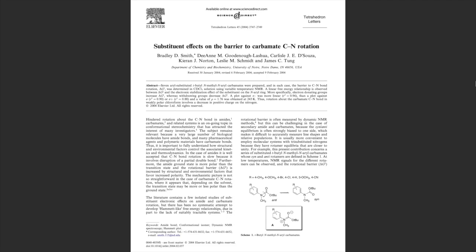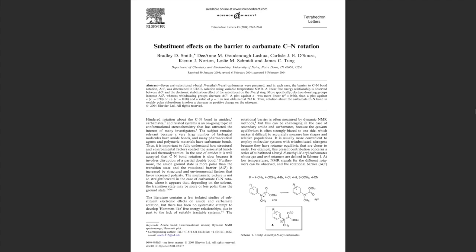A linear free energy relationship is observed between delta G double dagger and the electronic stabilization effect of the substituent on the N-aryl ring. More specifically, electron donating groups increase delta G double dagger, whereas withdrawing groups decrease delta G double dagger.